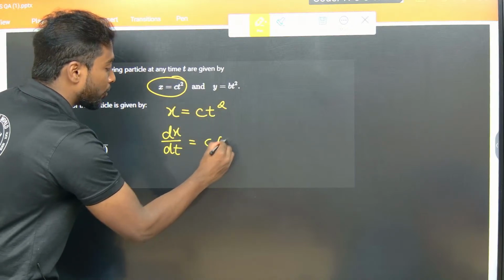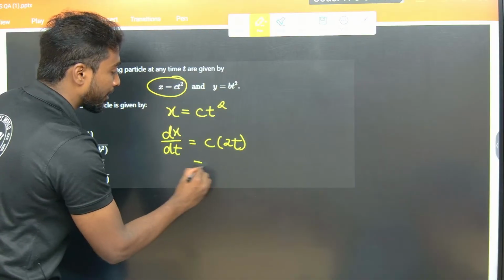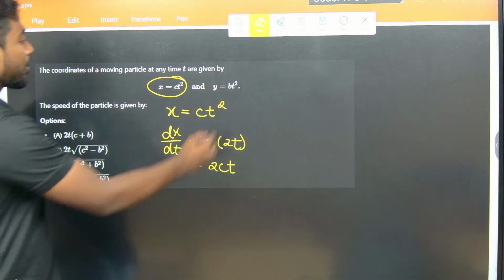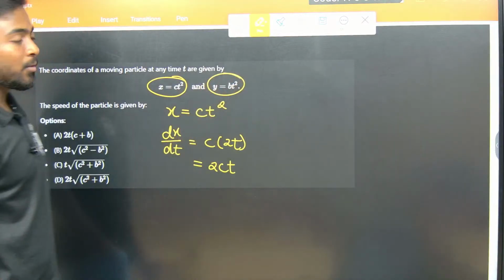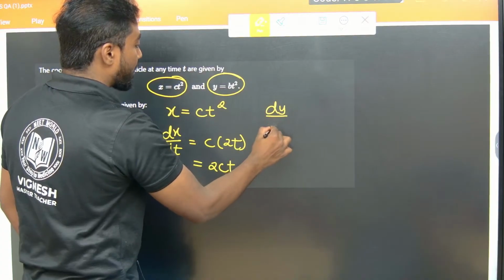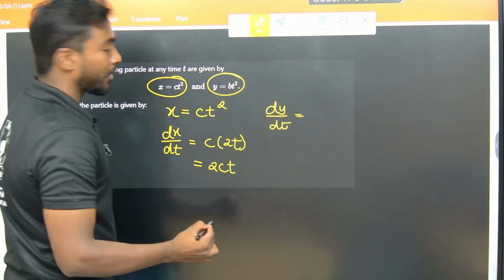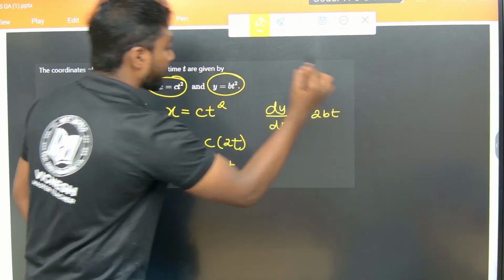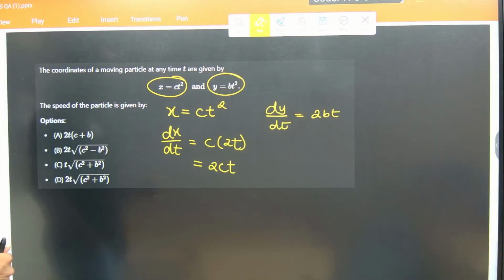So c into 2t, which is nothing but 2ct, right? Now what about y? So dy by dt is nothing but 2bt. Am I right? So this is the thing I will get.